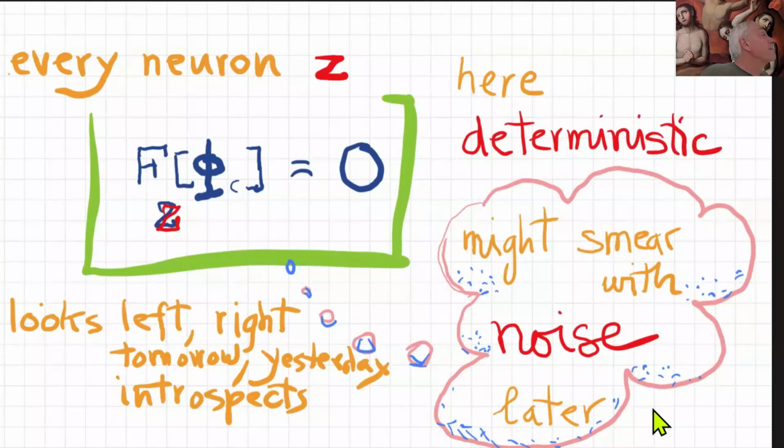So that's like a standard for P1, P2, all of these different potential trajectories. Z is the index that labels the neuron or the tile or the point in a network. And each one of them has a law.